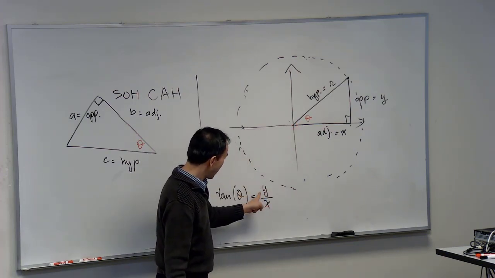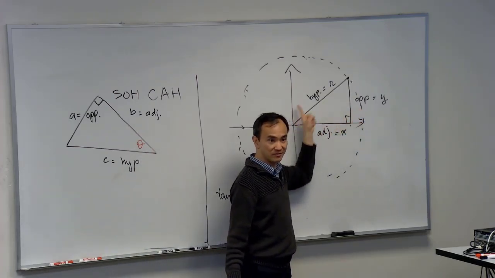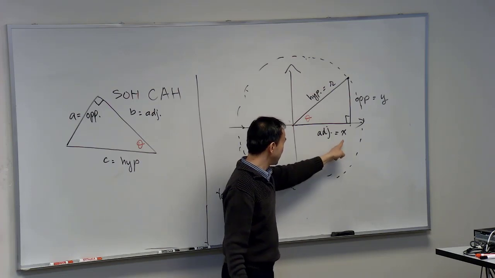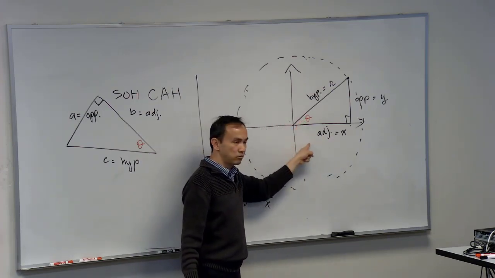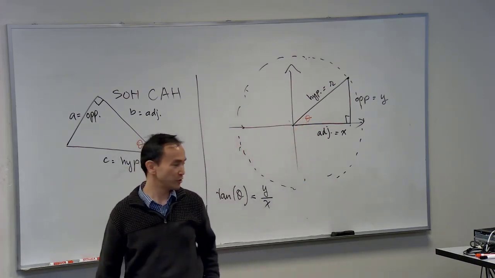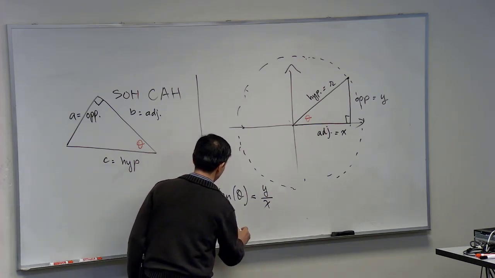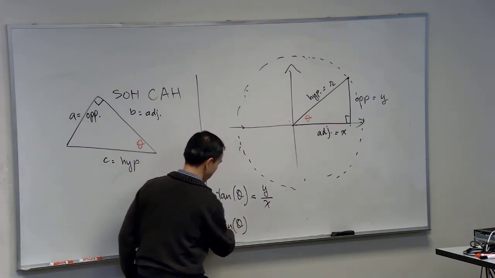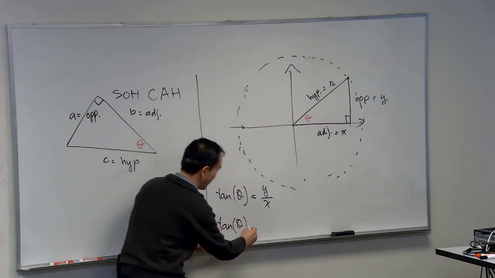But now from that way, hey, wait a minute. In this picture, y here is simply the opposite side of our triangle that we are placing here. And then x is the adjacent side of our triangle with respect to that angle at the center of the circle. And so in that way, we recognize further that, generally in a triangle, tangent of any acute angle has to be what?